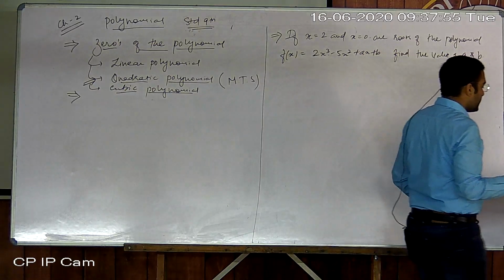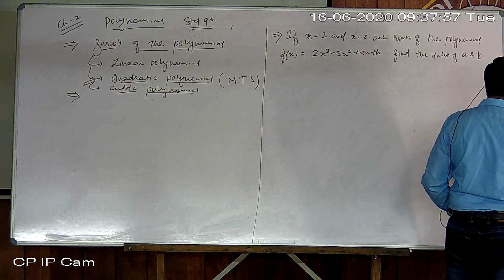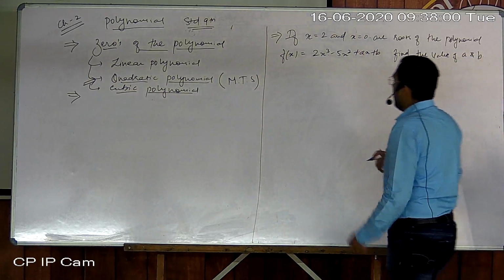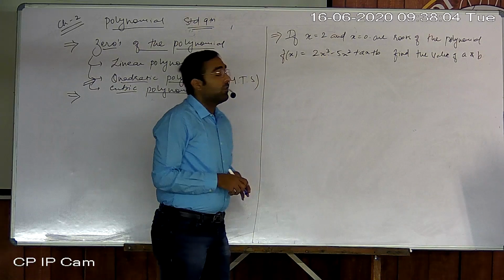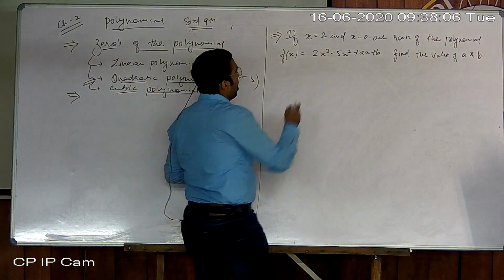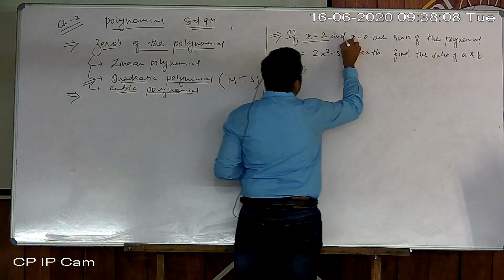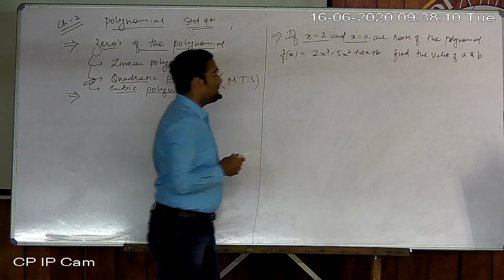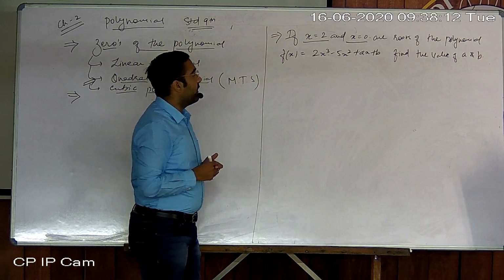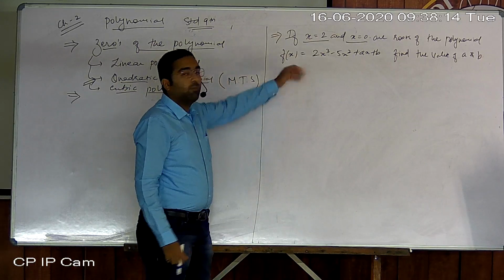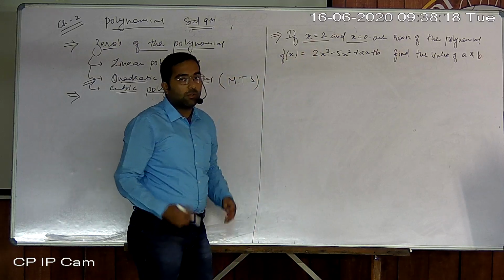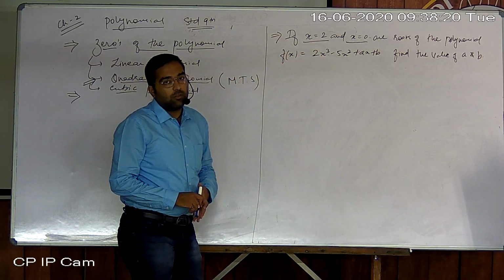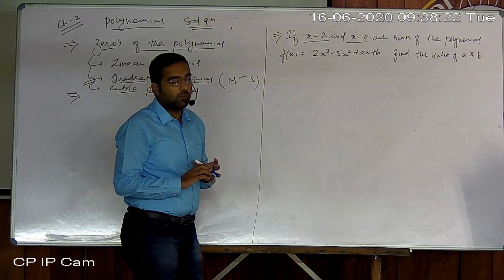Okay, here we see that x equal to 2 and x equal to 0, these two values are already given for this polynomial, and these two values are also roots. Root means zeros of the polynomial.